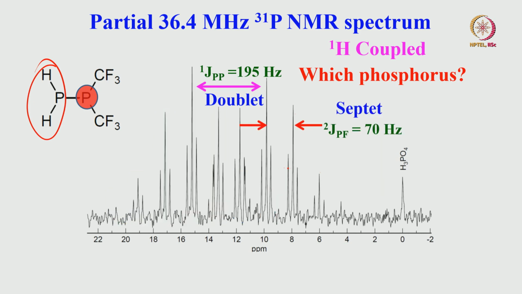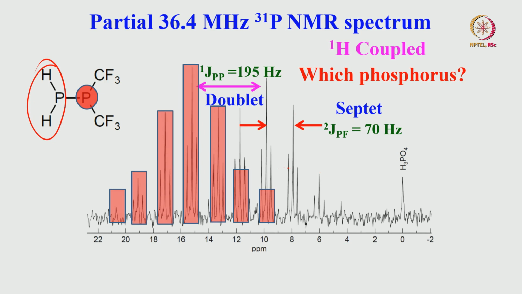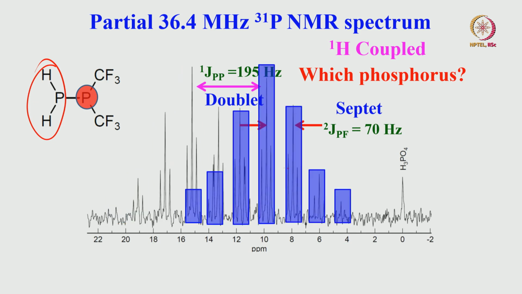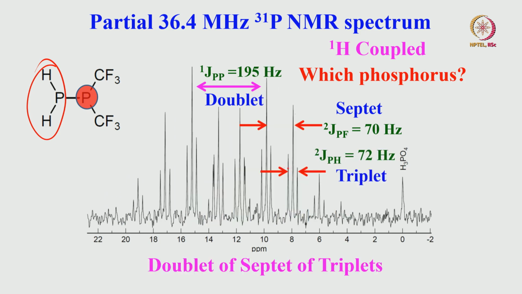So this is one septet of triplets for one of the doublet, and this is another septet of triplets for another doublet. So the total pattern is doublet of septet of triplets. This can happen only for this phosphorus. I hope it is clear for you.